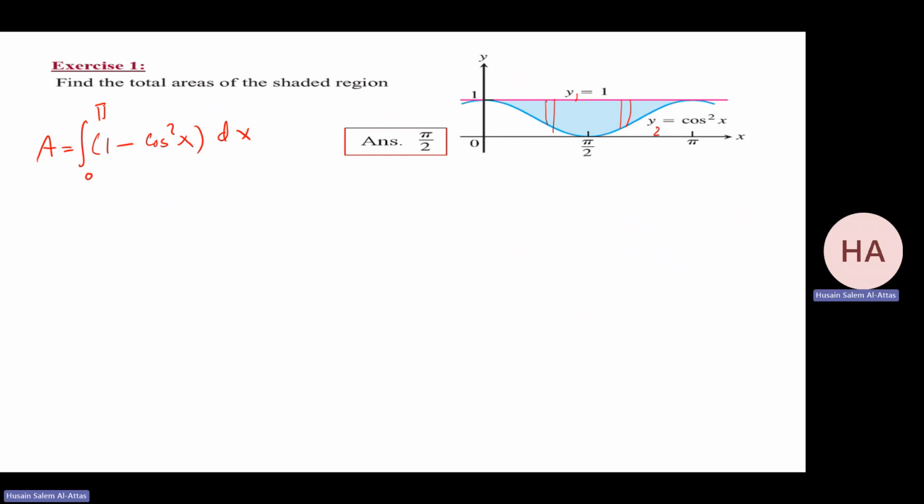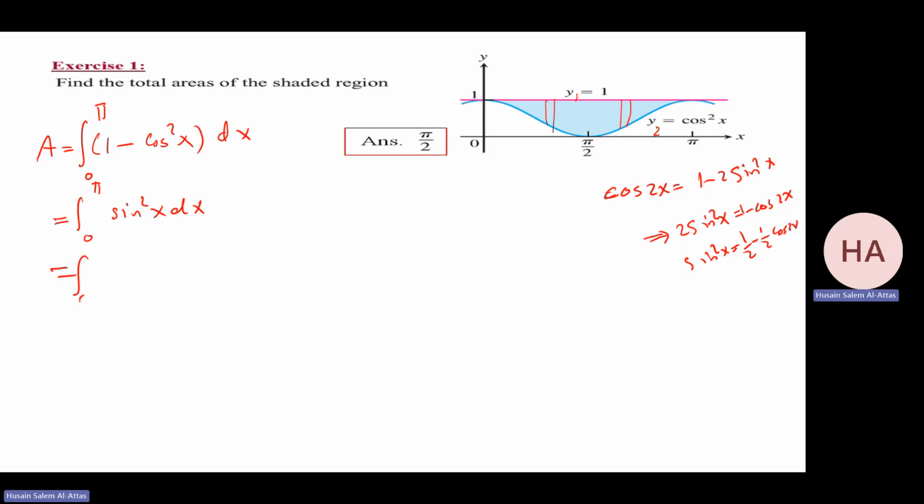From 0 to pi. Okay, let me do the calculation. Now it's a matter of integral. 1 minus cosine squared is sine squared. How to do sine squared? Don't forget that cosine 2x equals 1 minus 2 sine squared. So 2 sine squared will be 1 minus cosine 2x, so sine squared will be half minus half cosine 2x.